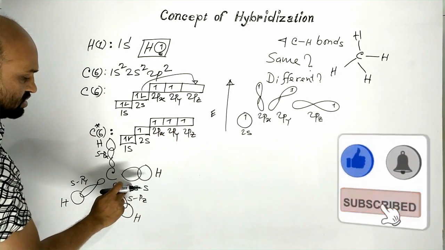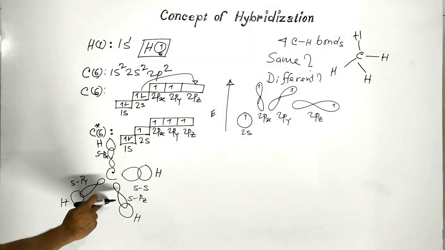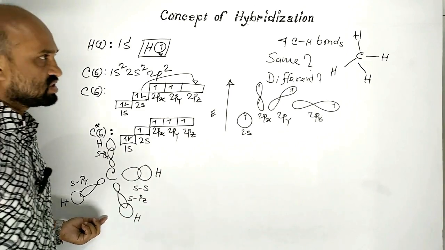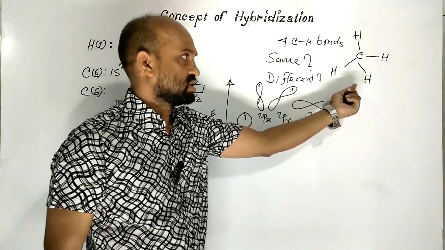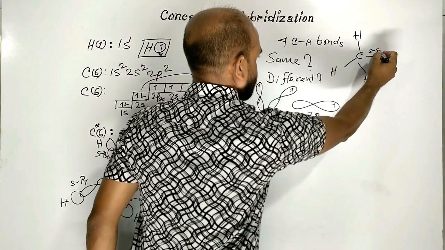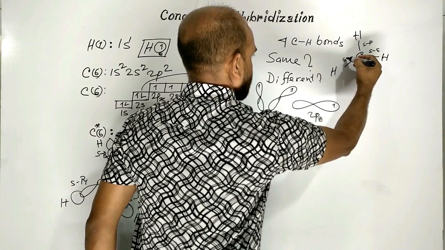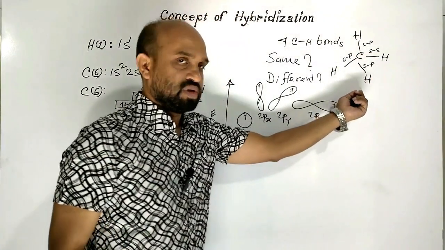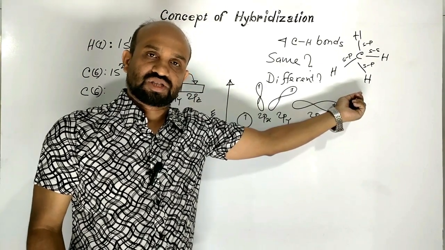One is formed by ss overlap, and the other three bonds are formed by sp orbital overlaps. So we can think that the four bonds of methane are not the same. Four bonds are of two types, not the same.